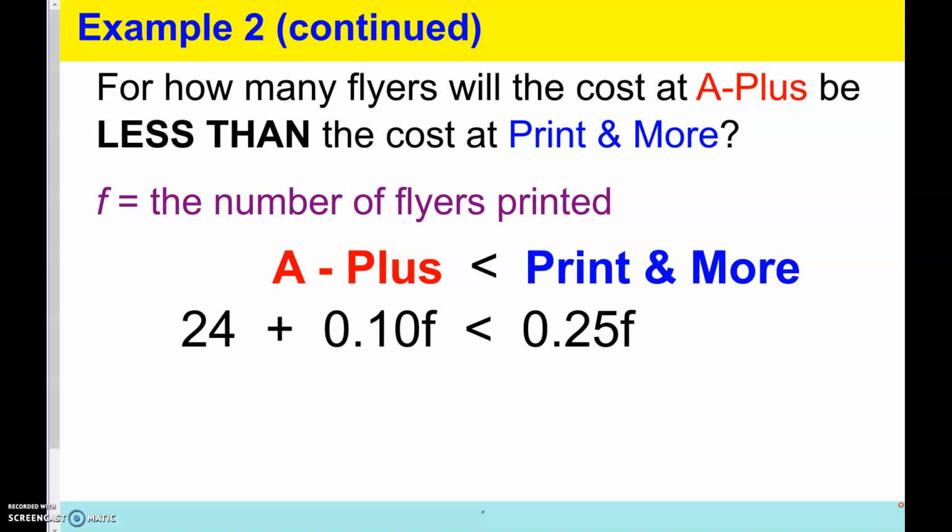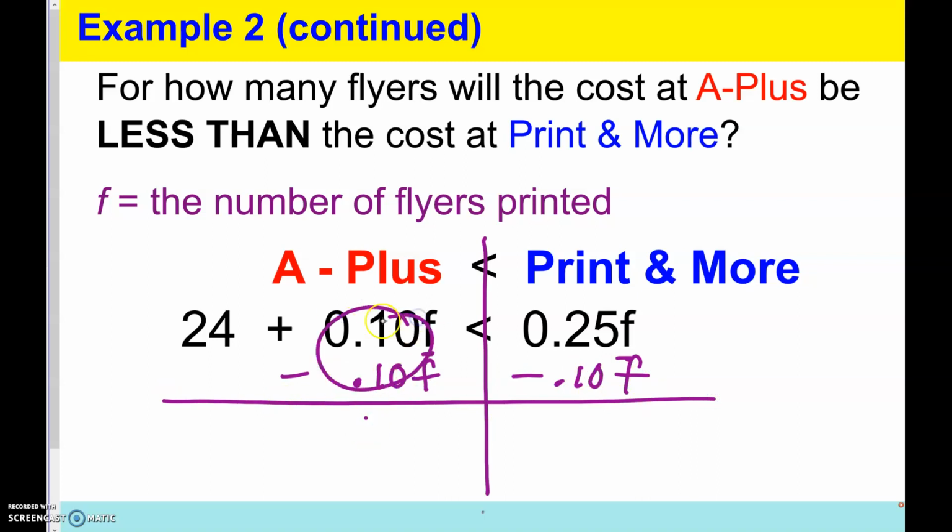So the first thing I always want to do is get my letters together. So here's an F and here's an F, and I want to get them together. I usually like to move the smallest number, so 10 cents is less than 25 cents. So I'm going to subtract 0.10f from both sides.